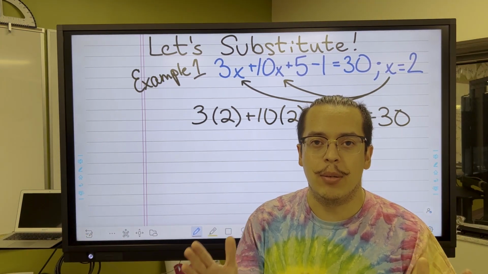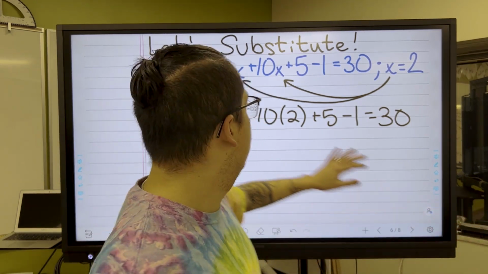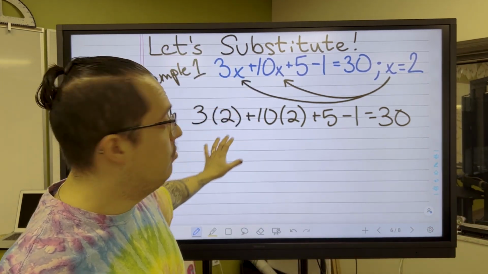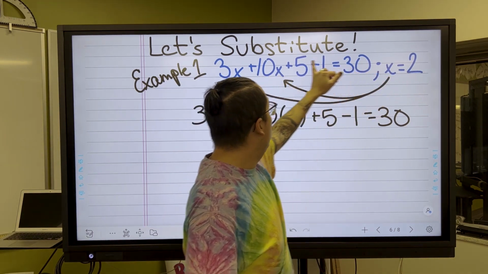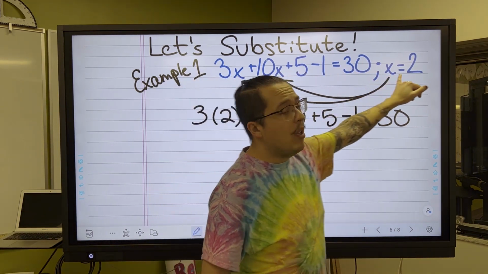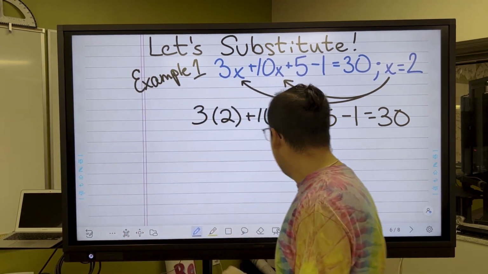That is our substitution step. If all we have to do is substitute, we're done. Substitute is just to replace a value with something of equal value. Let's try our next example.